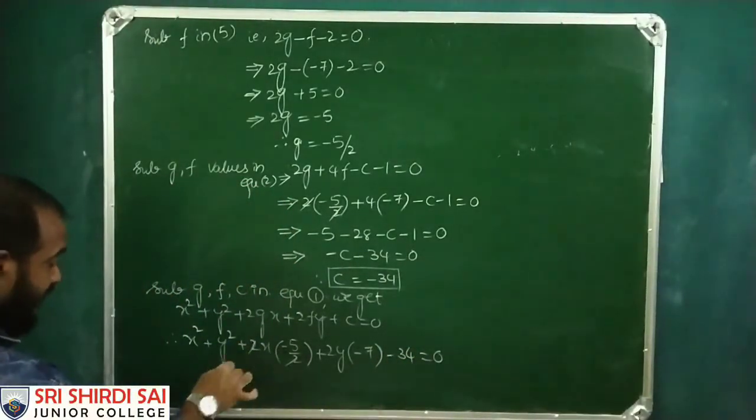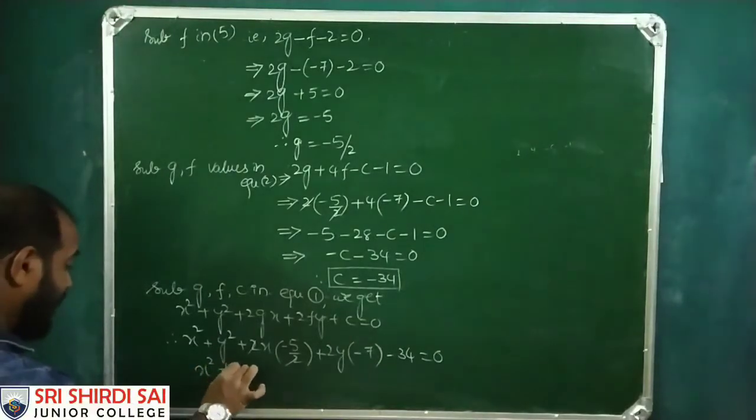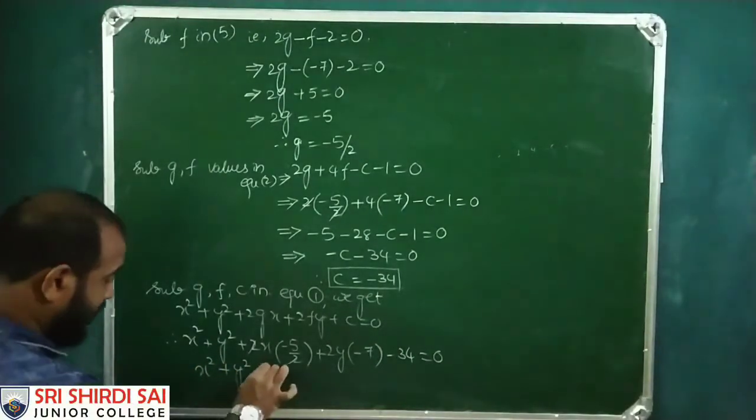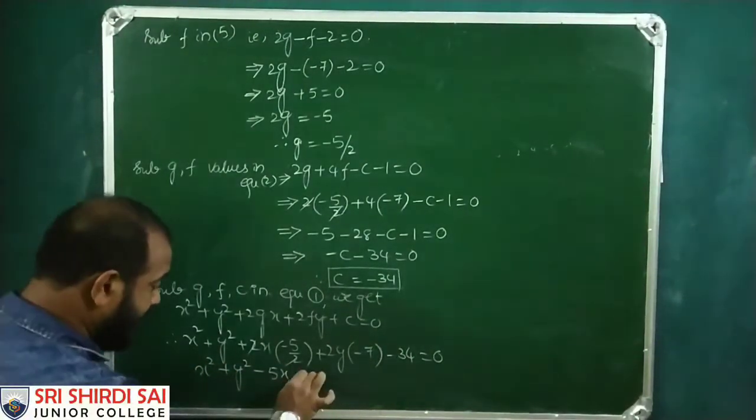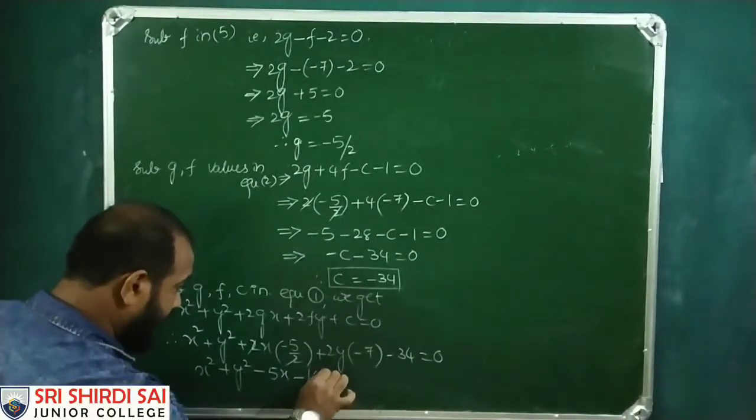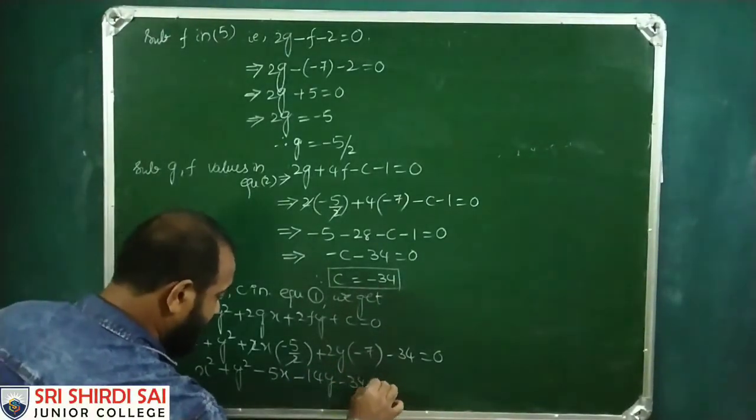So 2 gets cancelled. x square plus y square minus 5x minus 14y minus 34 equals 0.